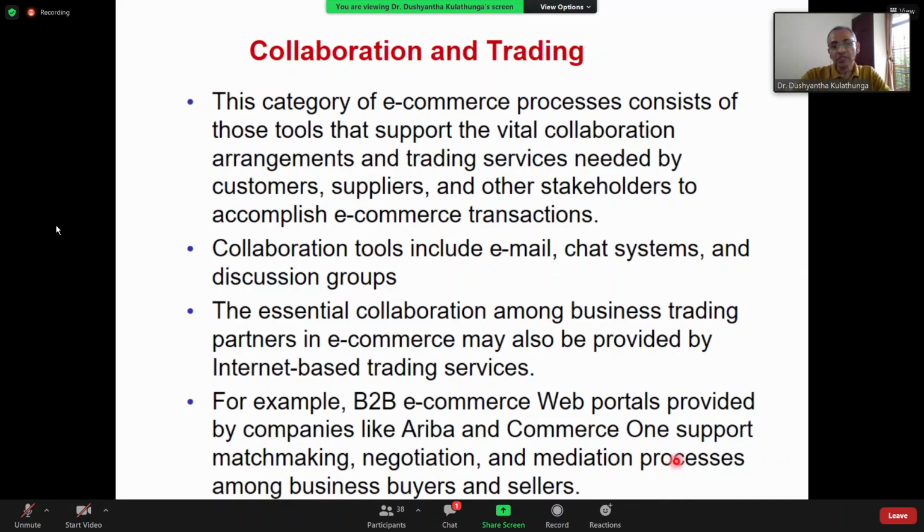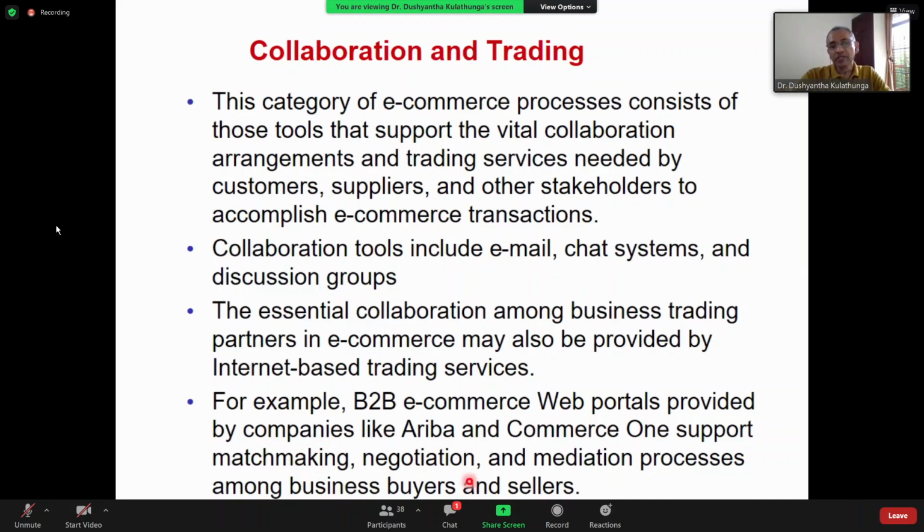And also mediation processes. There can be certain issues arising in relation to, say, non-compliance of orders or something like that. There can be problems arising between buyers and sellers. Then this system may be in a position to connect with some other neutral parties to solve the particular issue which has arisen between two business organizations.